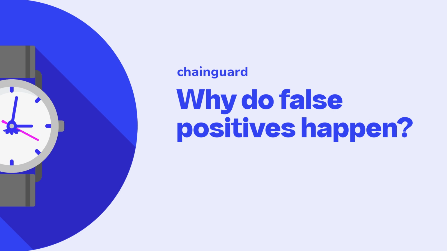And to me, the question is then, why are these false positives happening? What's going on? Fundamentally, it's because the software scanner is working on incomplete data. It doesn't know everything that's in all source code everywhere. It couldn't possibly.